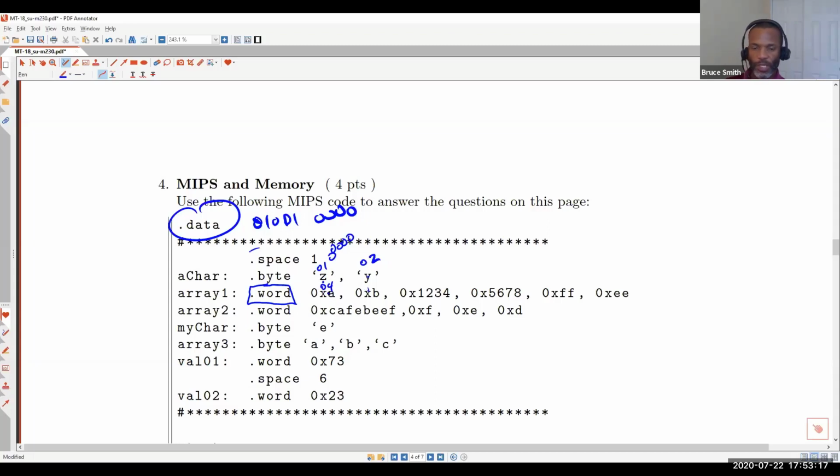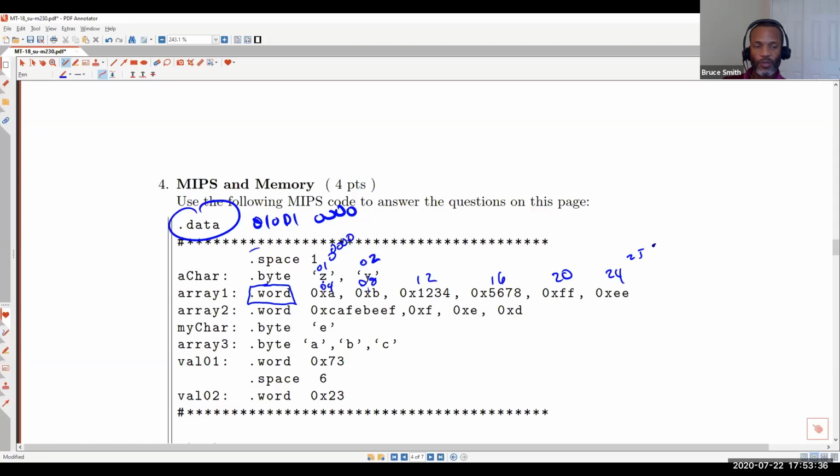And since he takes up 4 bytes, he's going to be 4, 5, 6, 7. This one will sit at address 8, address 12, 16, address 20. This one will sit at address 24. That's the start.